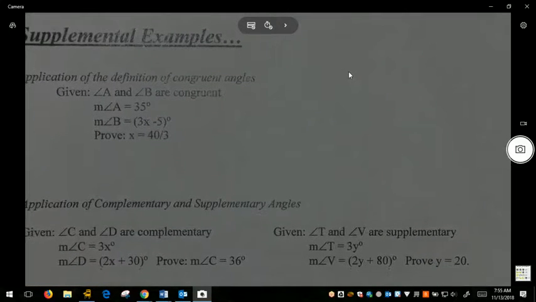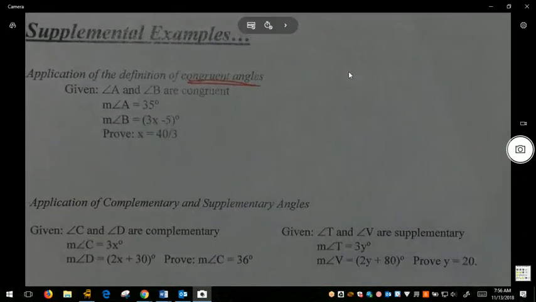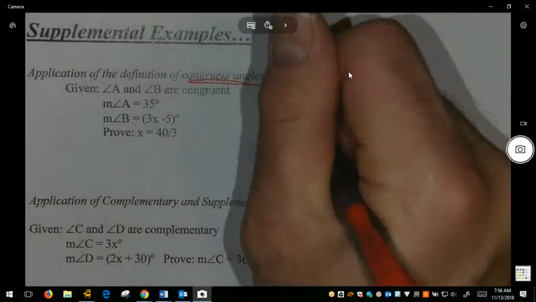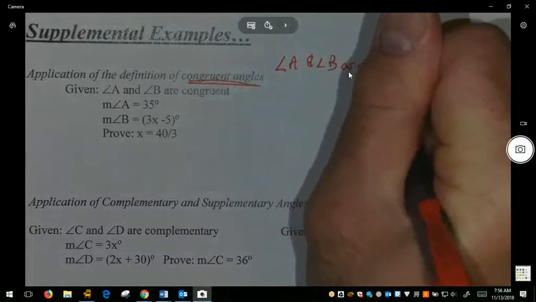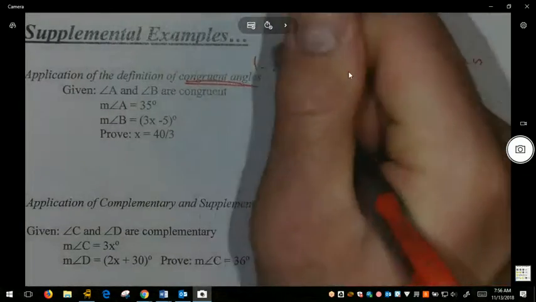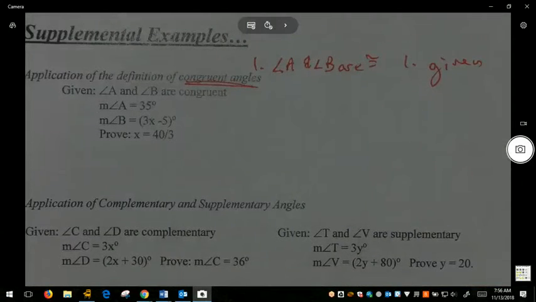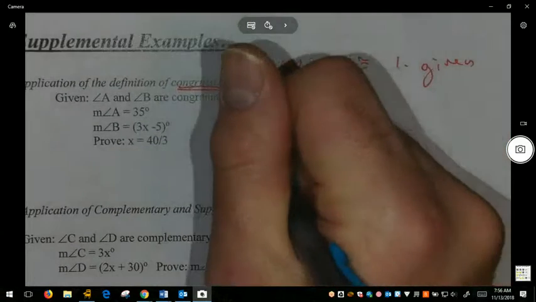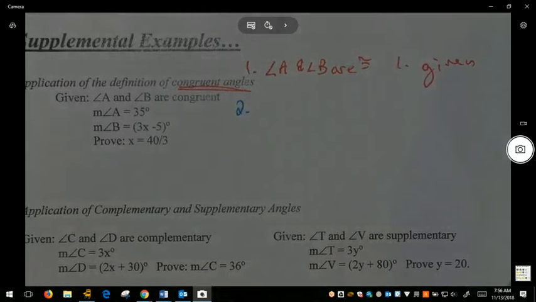So applications of definition of congruent angles. What does it mean for angles to be congruent? They're equal. All right. So I have a statement here. Angle A and angle B are congruent. That is what's given to me. So I put that as my first line of my proof. And you just said, what does it mean to be congruent? They're equal. So what's equal?